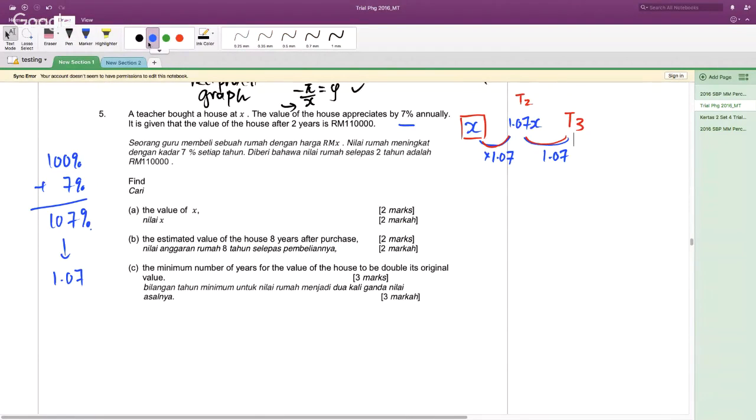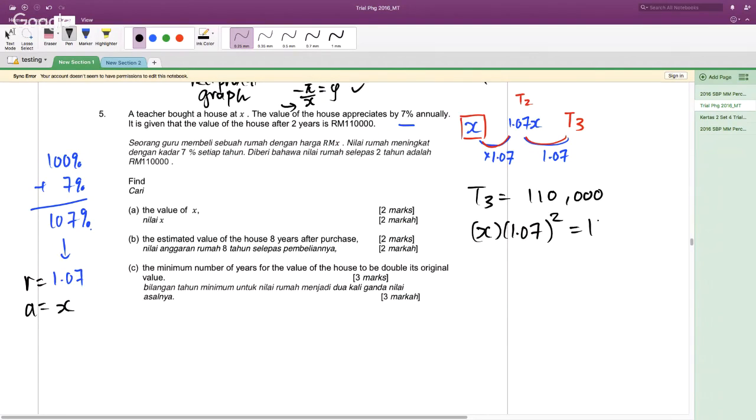Since we know our R is 1.07 and my A is X, I can know that T3 equals 110,000. So for T3, the formula is A R^(N minus 1). A is X, R is 1.07, N minus 1 is 3 minus 1, which is 2.